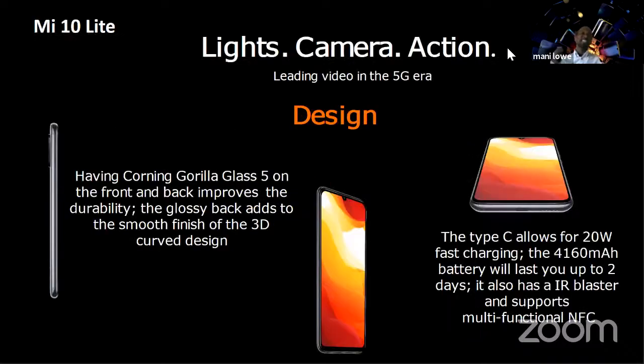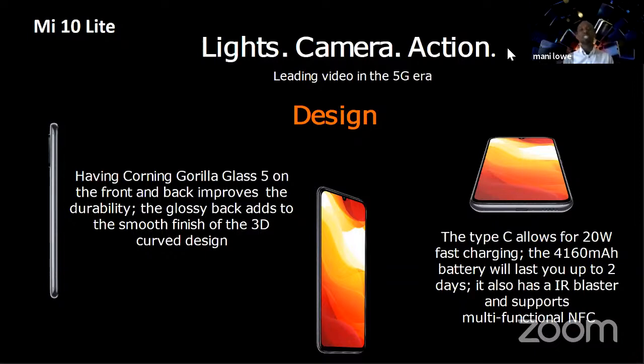So first of all is the design. Design is very, very important because it grabs people's attention. It's the first thing you see, and it doesn't matter what you're buying in the market. You've got the 3D curved design on here. If you look at these three pictures all lined up, you can see the smooth edges, the side view there in the middle picture. And also if you look at the picture on the right, even the bottom is curved.